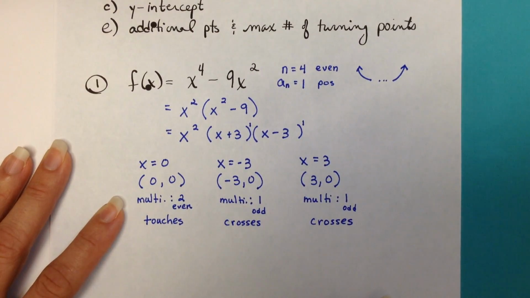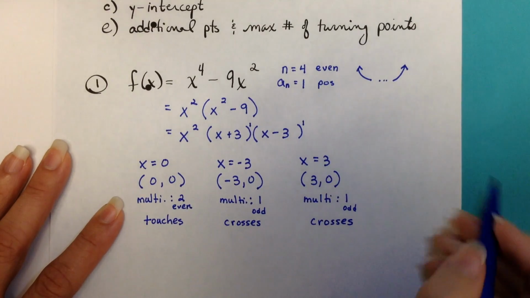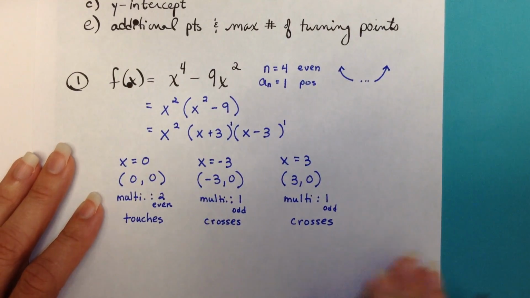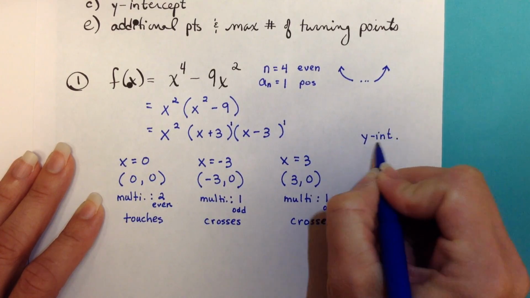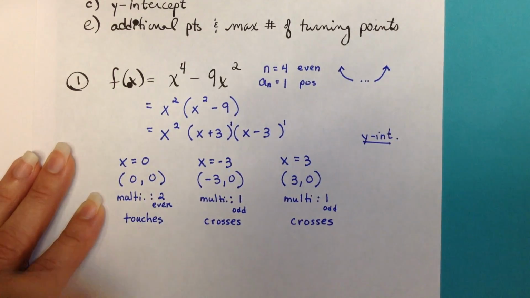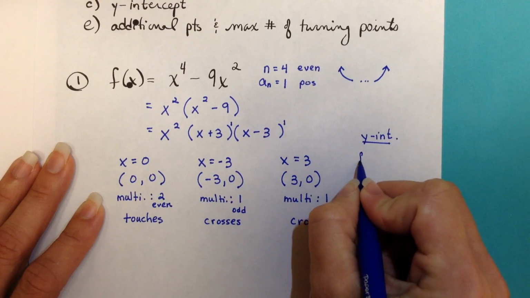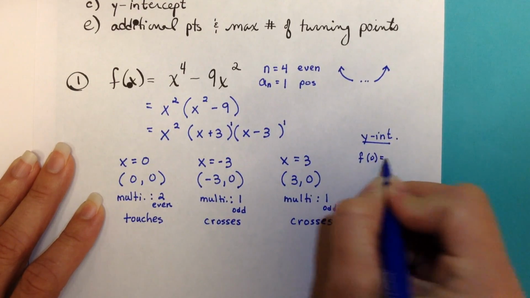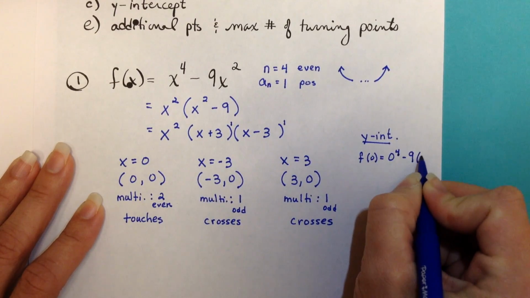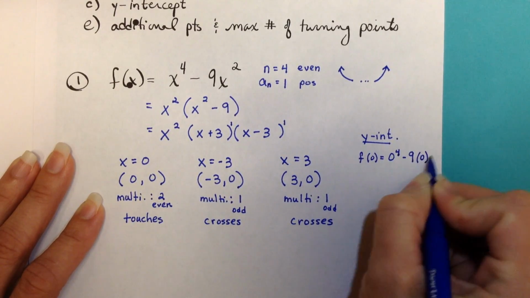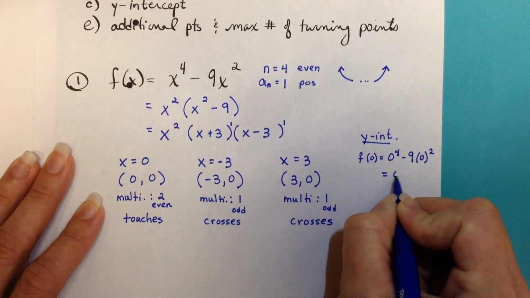Okay, now C part was to find the y-intercept. Now to find the y-intercept of any function, you just substitute 0 in for x. So that would be 0 to the 4th minus 9 times 0 to the 2nd, of course, which gives us 0.